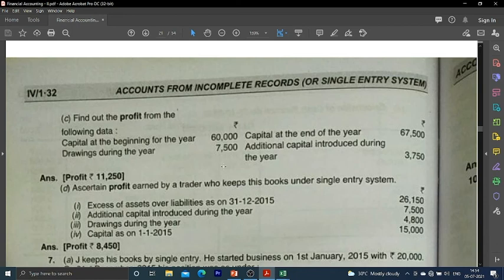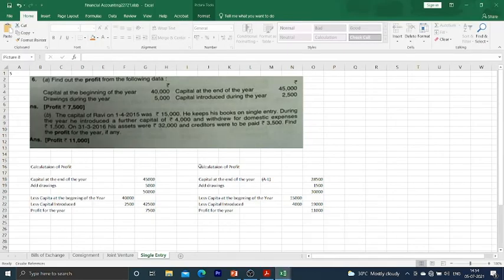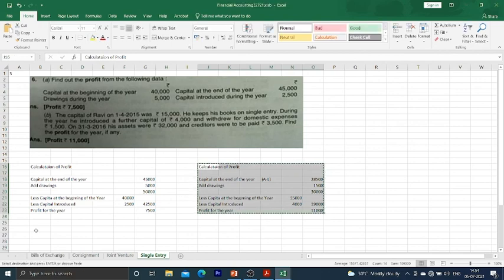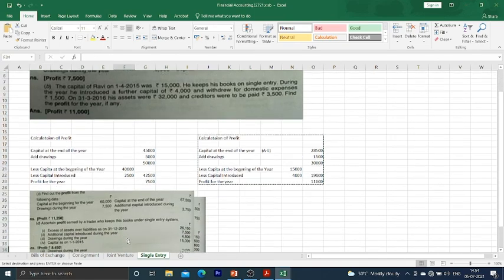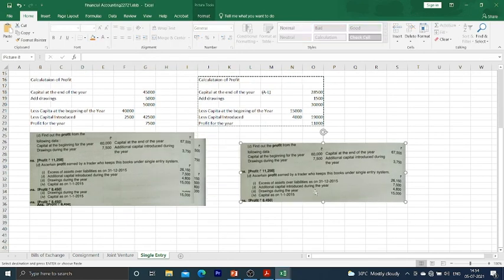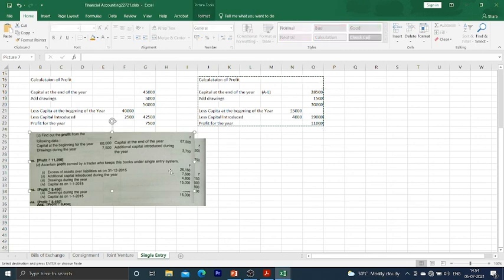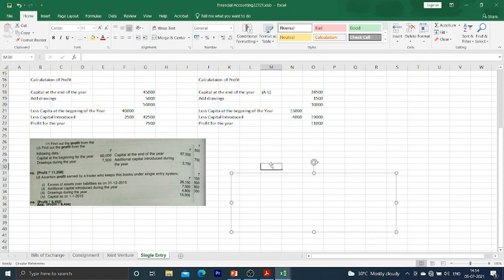Find out the profit from the following data.